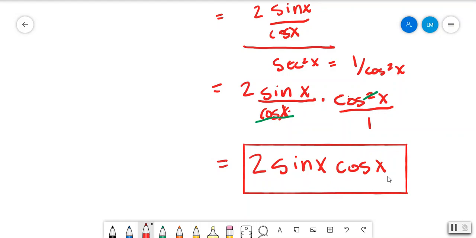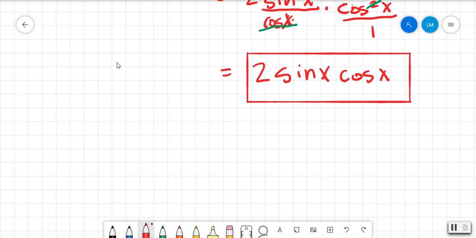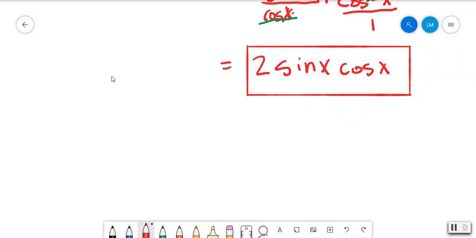Now, similarly, you can do that for other types of expressions. It's very similar to the double angle identity for sine 2x.